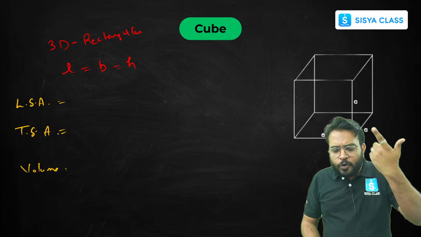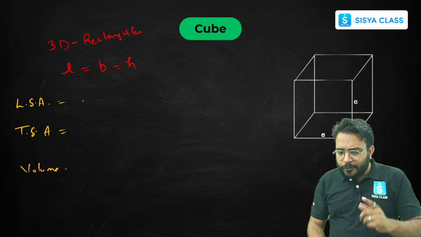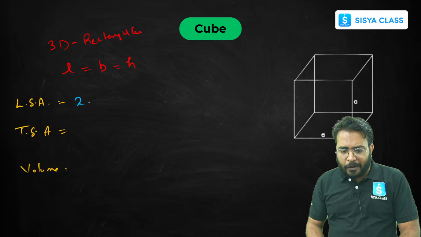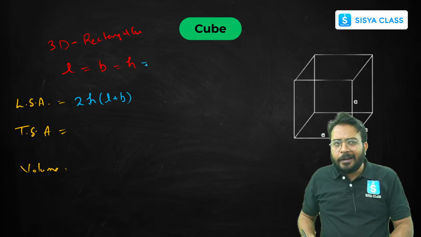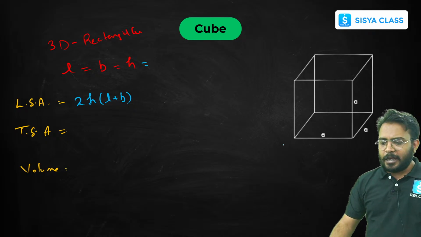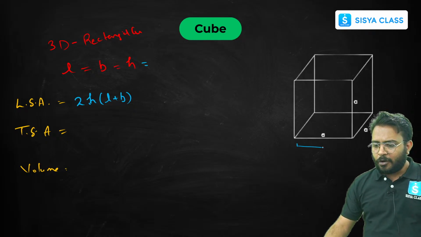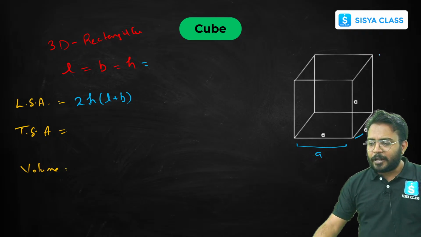For a cuboid, the lateral surface area we have learned is 2H(L plus B). But here suppose all three dimensions, length, breadth and height, have the same dimension, that is A.